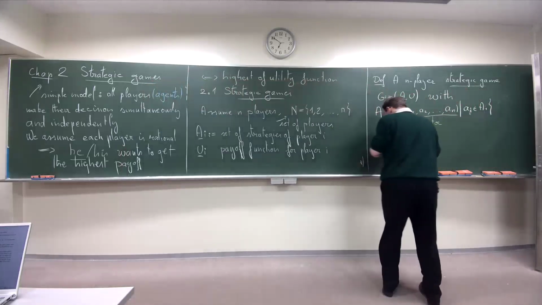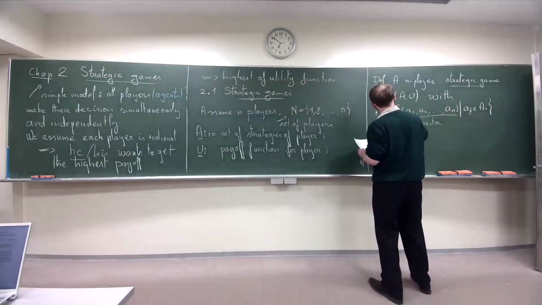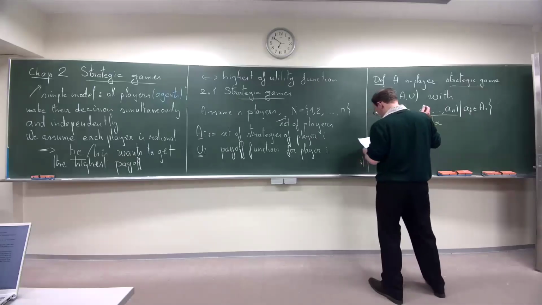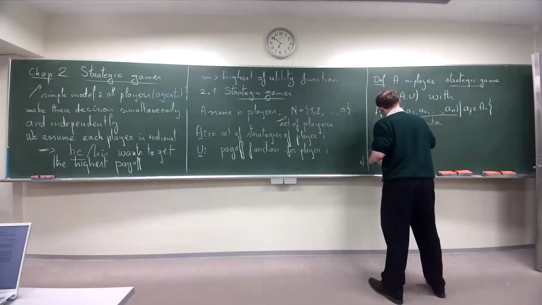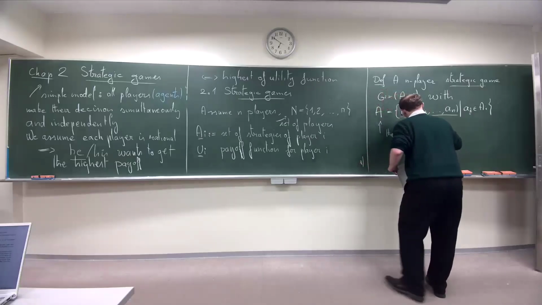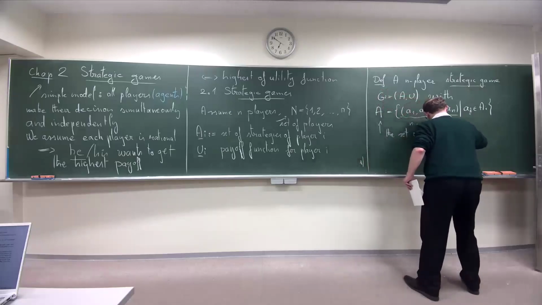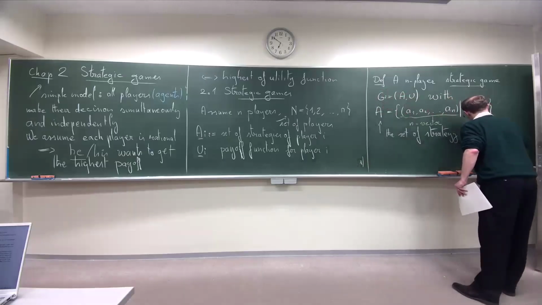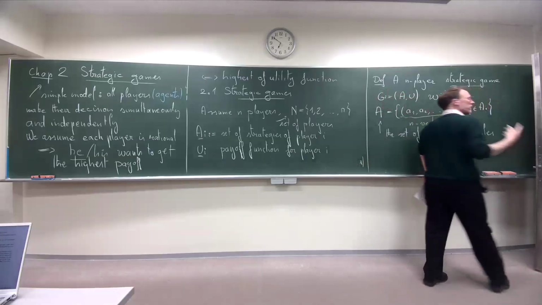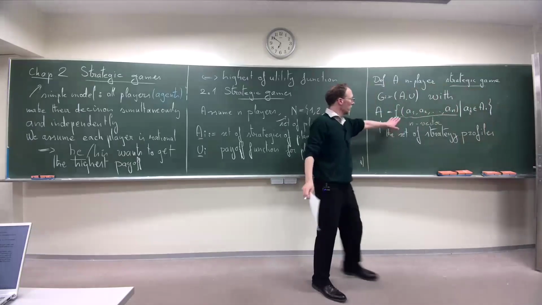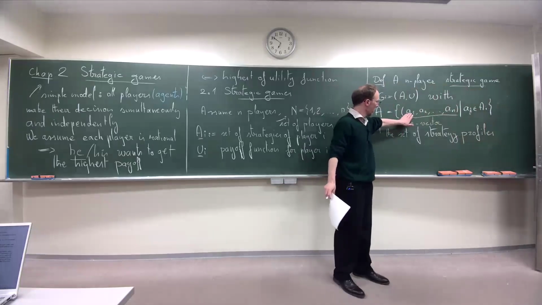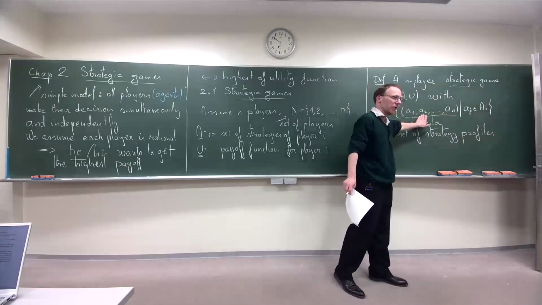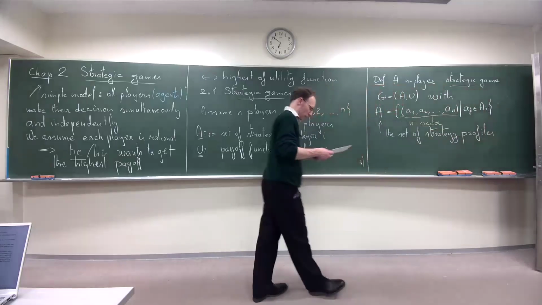Okay. And this set A is called the set of strategy profiles, because it contains all strategies. Please be aware, it contains all strategies for the first player, all strategies for the second player, and so on.